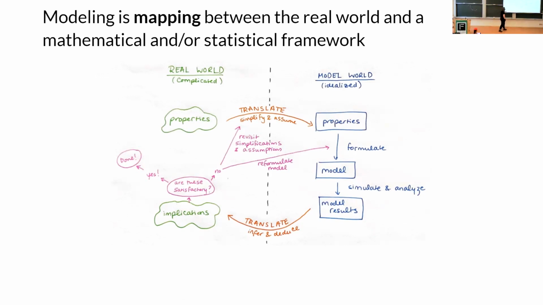The way that I think about it is we have the real world, which is very complicated and messy, as I've clearly denoted with these loosey-goosey circly things. And then we have model world, which is beautiful and idealized and crisp. Modeling happens in a cycle, but the hardest part, in my opinion, is the translation step, where we're taking something that's messy and real and converting it to something beautiful and idealized.